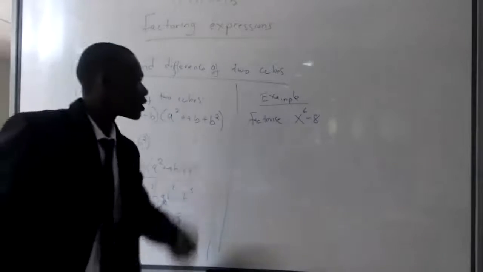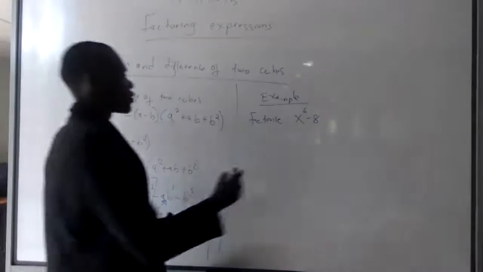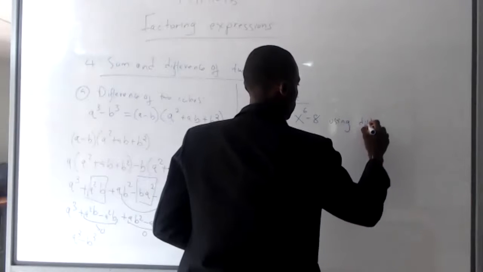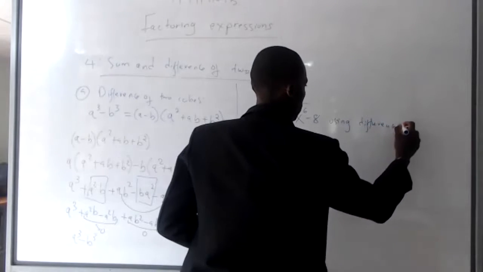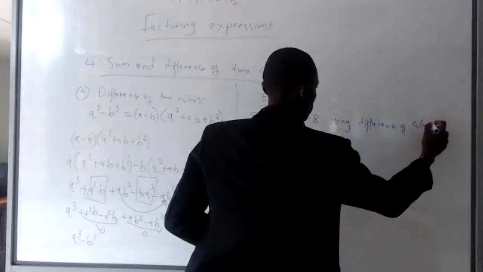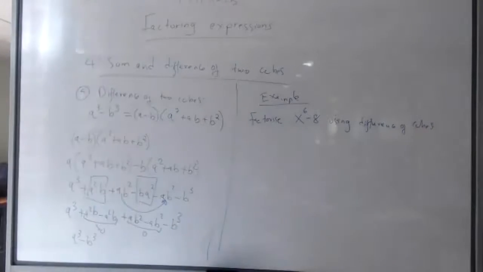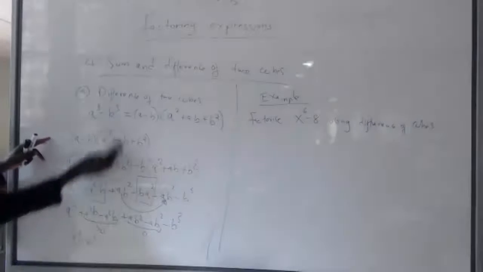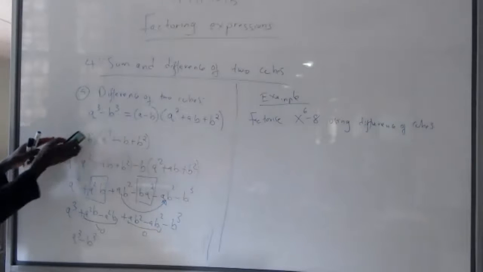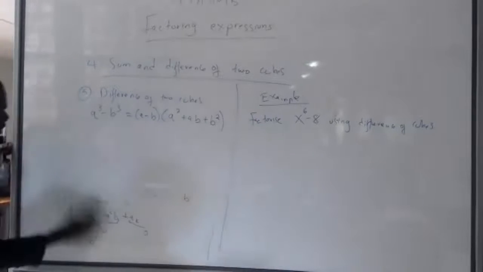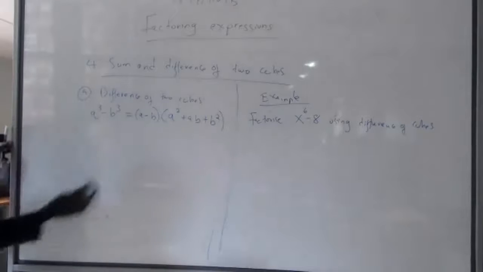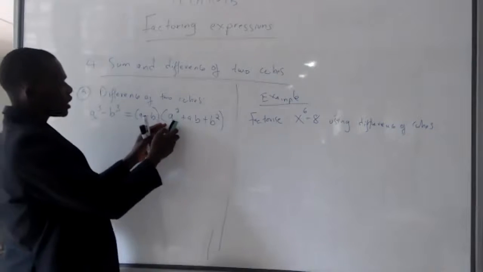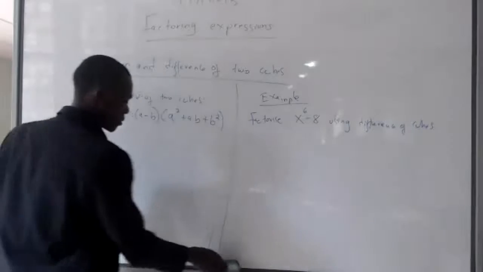Factorize x power 6 minus 8 using difference of cubes. Okay, so the first step, you don't need all this. This was just verifying that this statement is true. You only need to remember this expansion: a cubed minus b cubed is a minus b times a squared plus ab plus b squared.